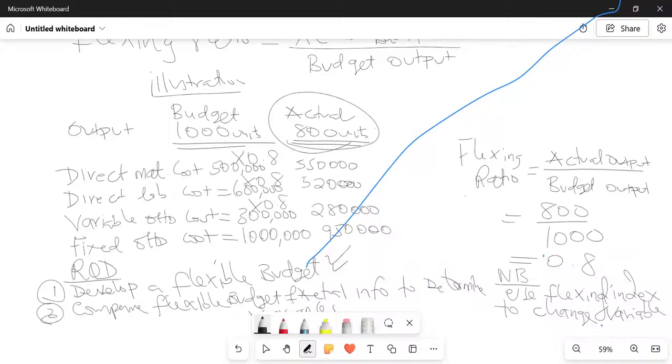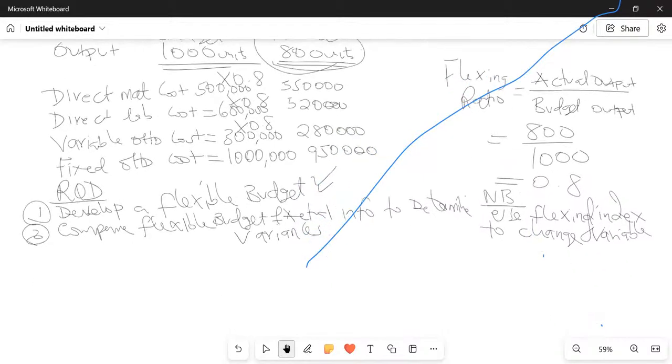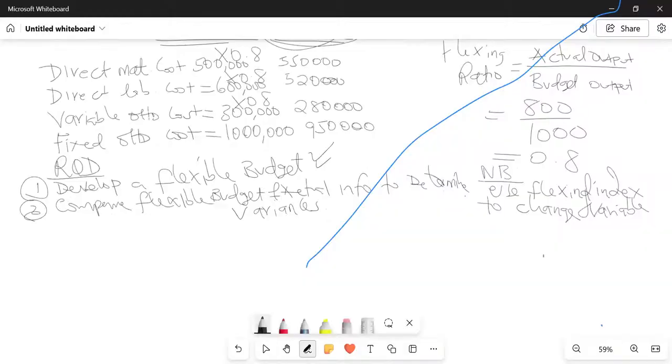Now, my good students, having understood that, I would want us to write the terminology there: flexible budget.